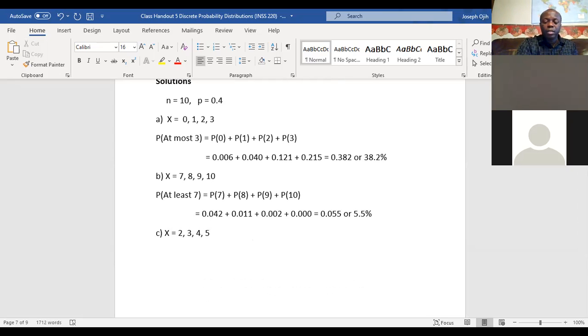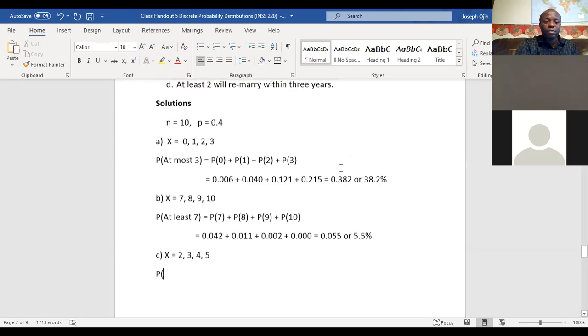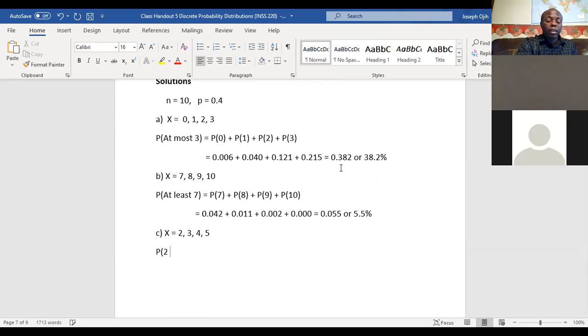So the probability that X is from 2 to 5 will equal the probability of 2 plus the probability of 3, plus the probability of 4, plus the probability of 5.